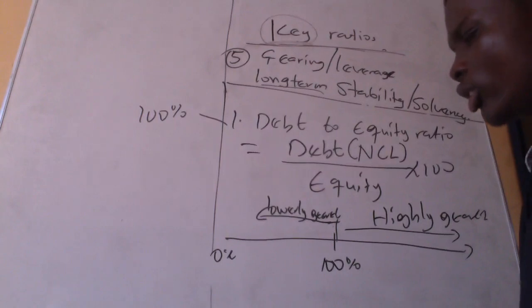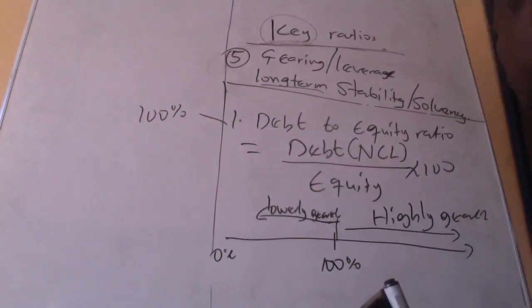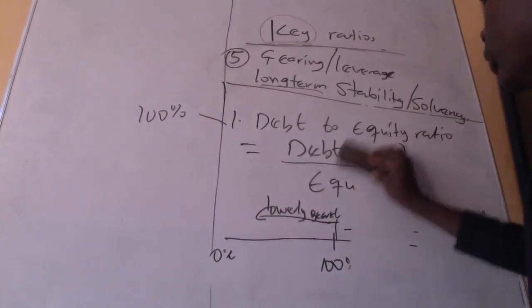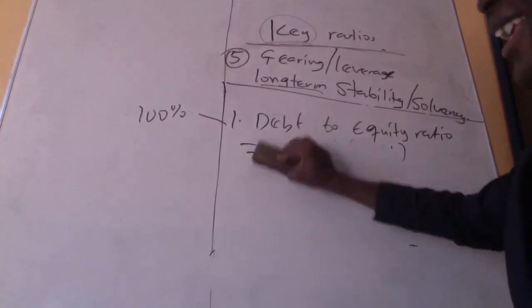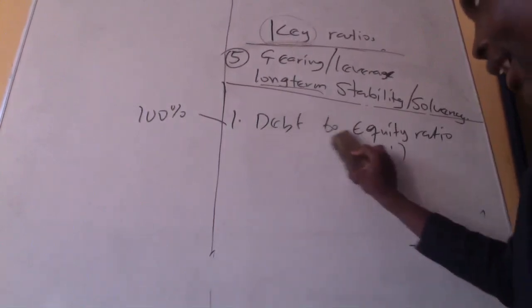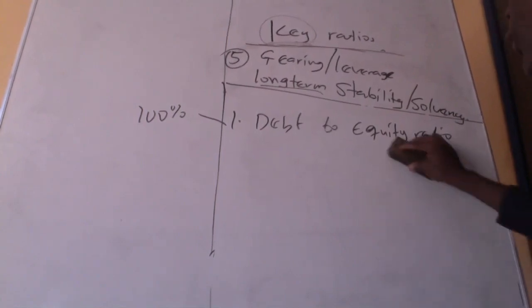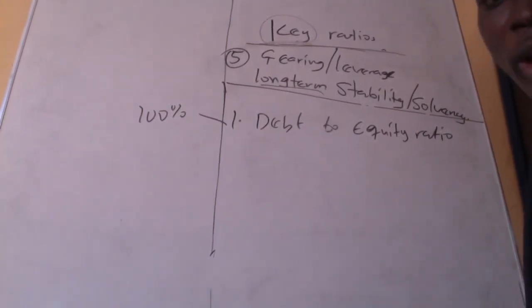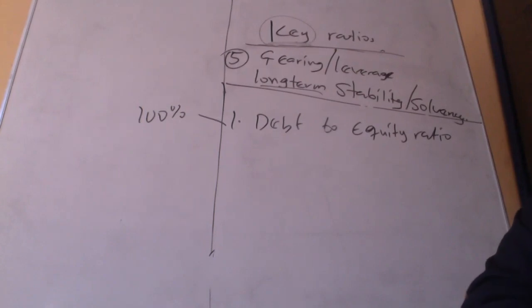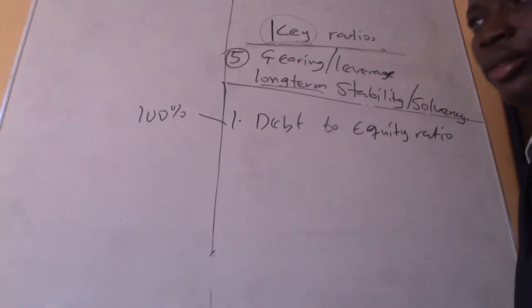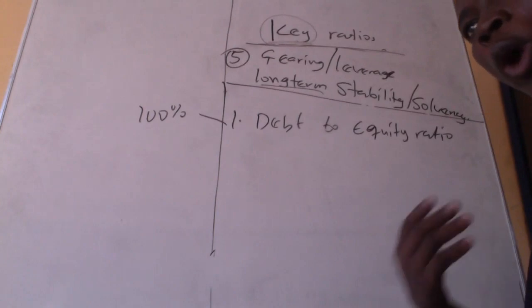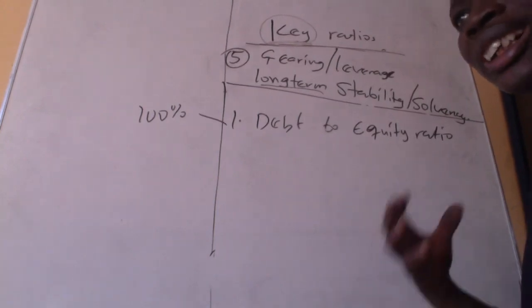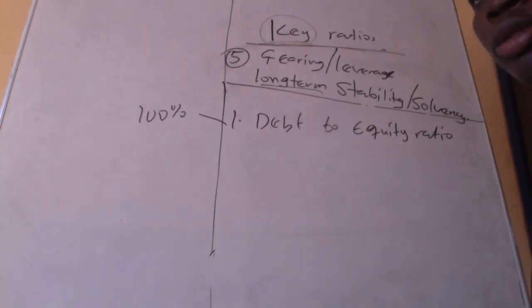Here, the lower, the better. If your debt to equity is increasing, it means that you are increasing in financial risks, because you get to a time where you cannot service your debt, and very soon it will amount to default risks, bankruptcy risks, and going concern risks will set in.